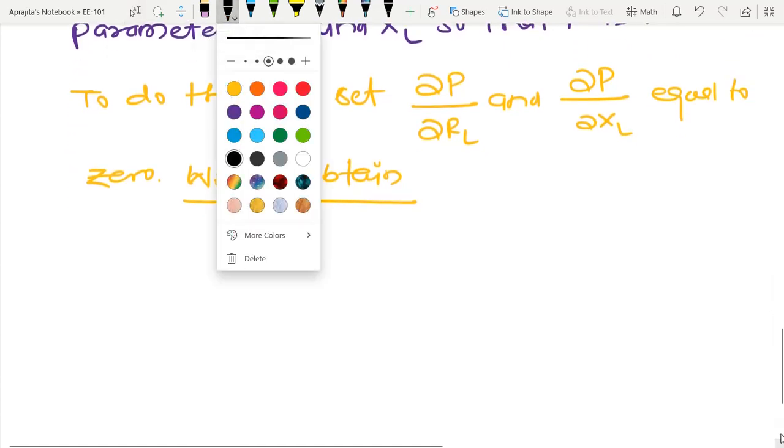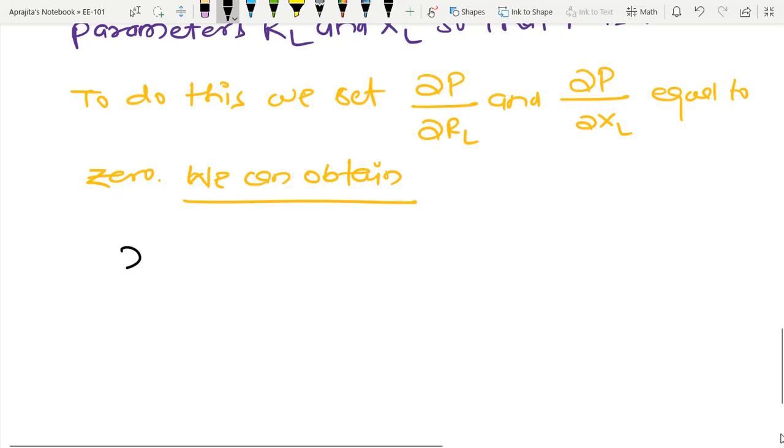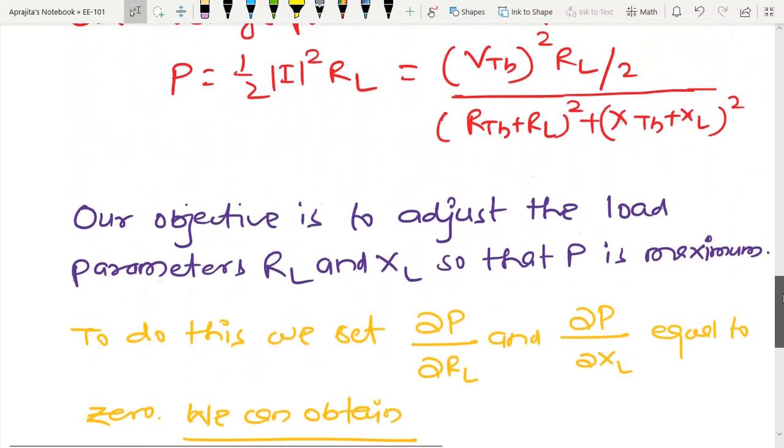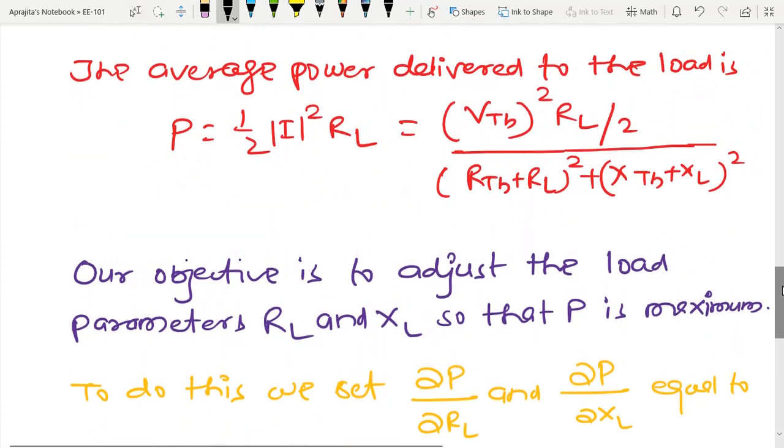Now basically I have dou P by dou XL, and I am going to write directly from the previous expression of P. You can see that this is our previous expression: P equal to VTH square RL by 2, by (RTH plus RL) square plus (XTH plus XL) square.